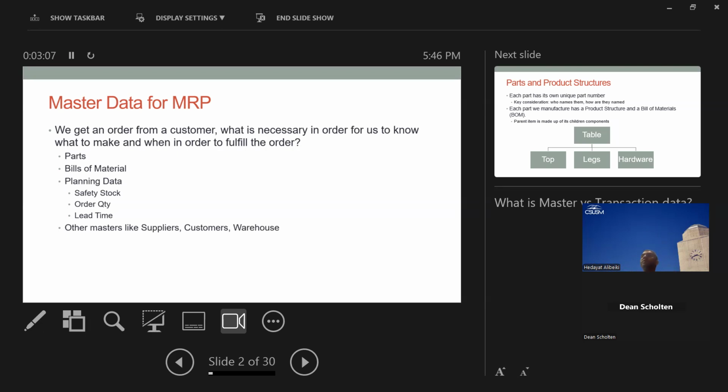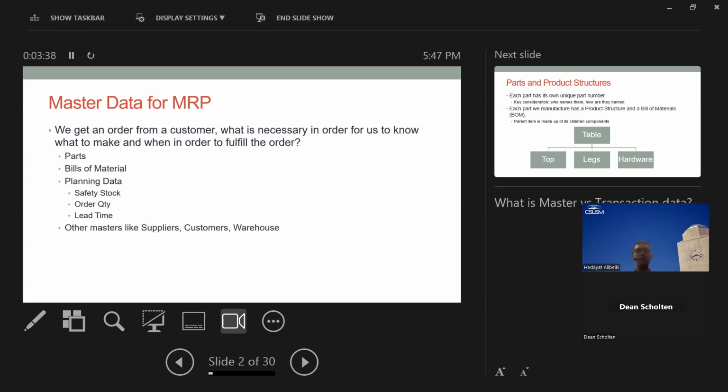Bill of material for the end item. This is important because when we want to create the secondary requirement table, we need to know for which child items, or which sub-assemblies and raw material, we need to create this table and make the plan. And also bill of materials, we discussed this before.